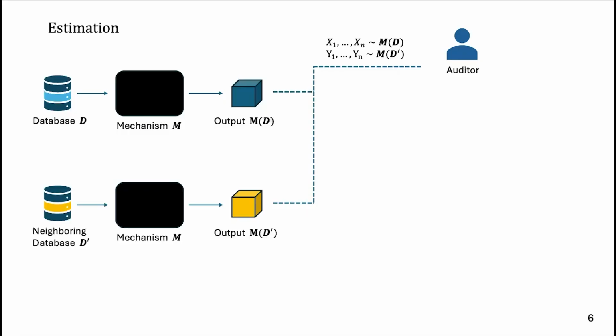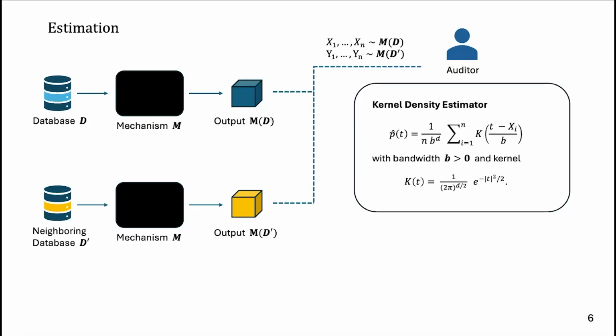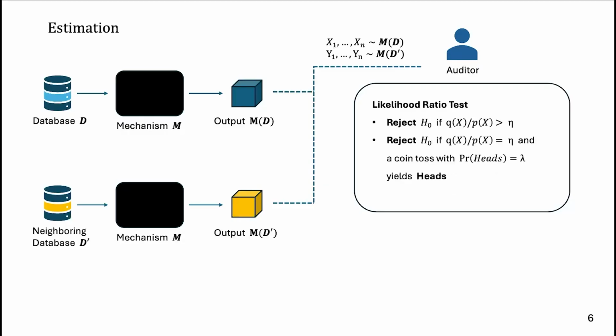So in order to obtain these approximations, we use the kernel density estimator, which is defined with the help of a bandwidth parameter b and a kernel function k, and which can be understood as the weighted sum of density bumps around our observations and sample data x1 to xn, for instance. And we could then, theoretically, plug these density estimators into our likelihood ratio test to obtain an approximation of the trade-off function T of our mechanism.